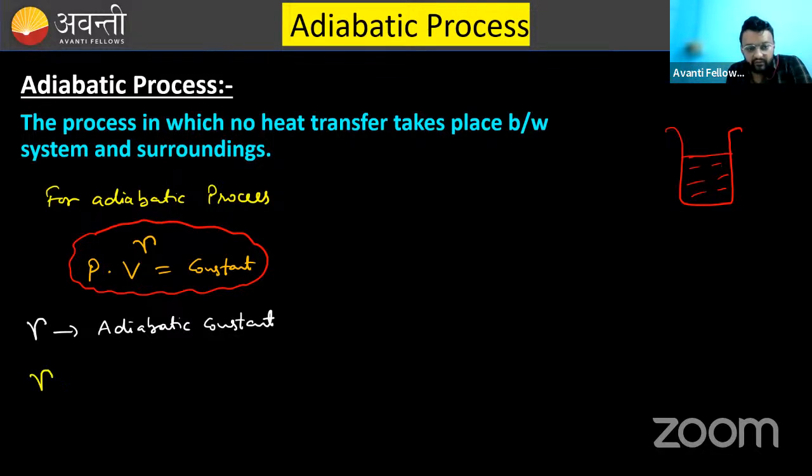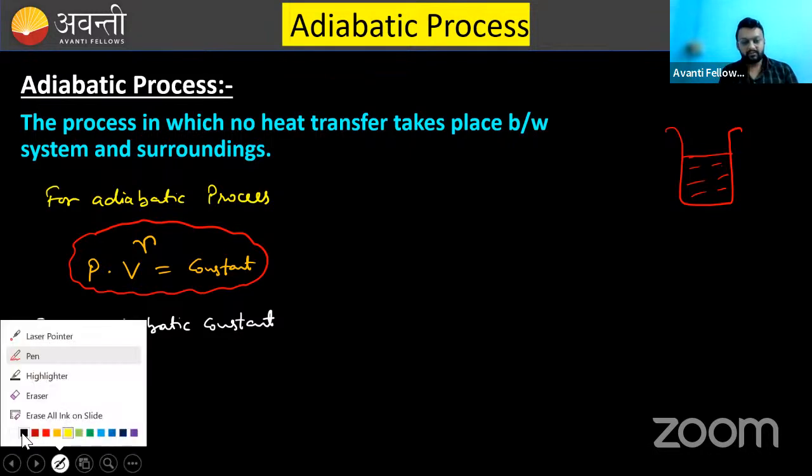The value of this adiabatic constant is Cp over Cv. The ratio of Cp over Cv is called gamma. I think that is clear. You can make it in a box.